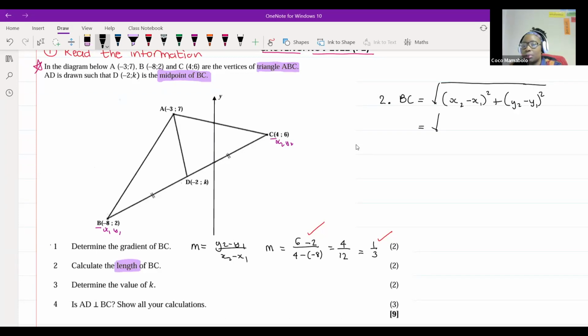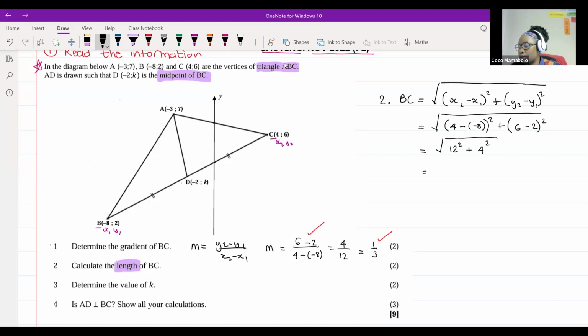It is equal to the square root of x2, which is 4, minus x1, which is negative 8, all of this squared, plus y2, which is 6, minus y1, which is 2, all squared. That is the square root of 12 squared plus 6 minus 2, that is 4 squared.